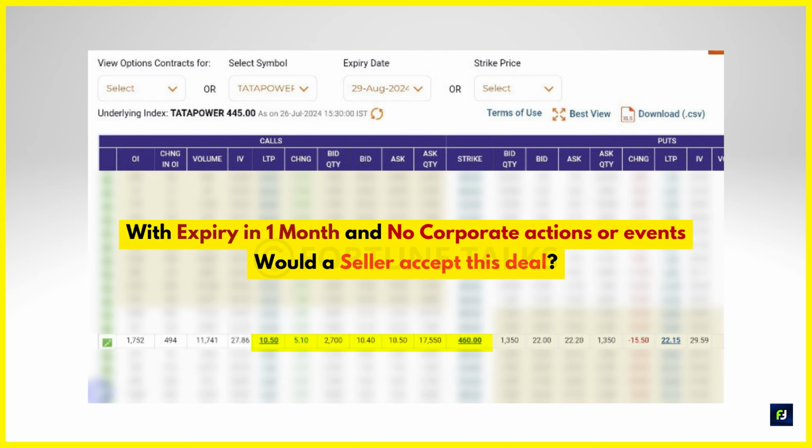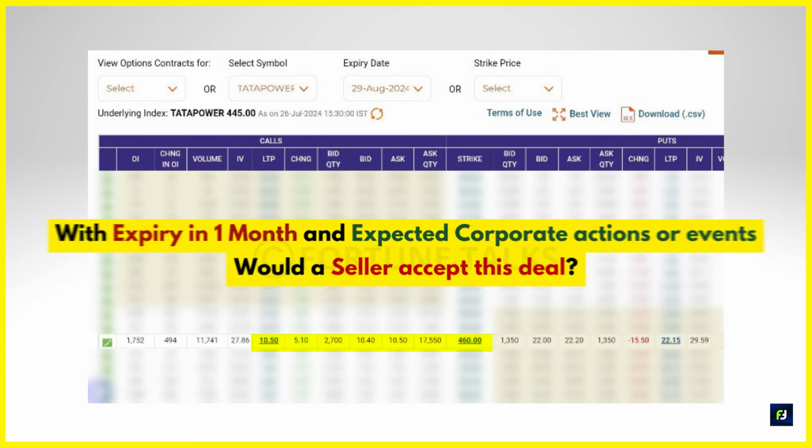Now, if you enter into this options agreement as a seller, then you are giving the right to the buyer of the contract to buy Tata Power shares at 460 rupees after 1 month down the lane from now. Let us assume that for the next 1 month, there is no foreseeable corporate action which could trigger the share price of Tata Power to increase. Considering this factor, maybe you could accept the premium of 10.5 rupees.